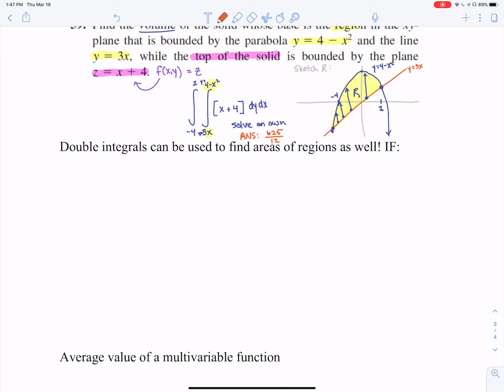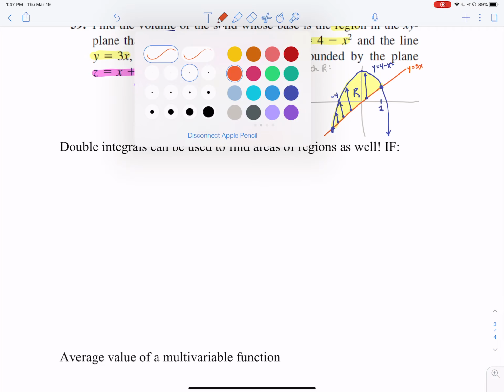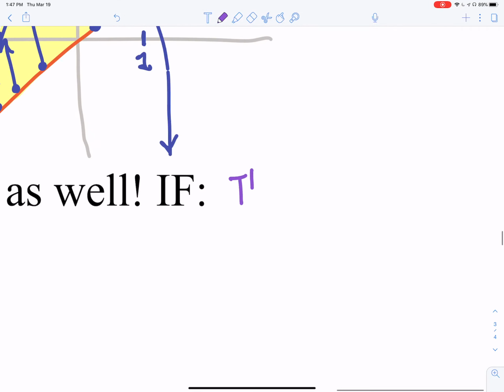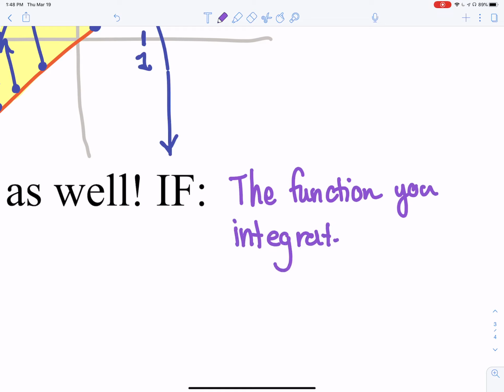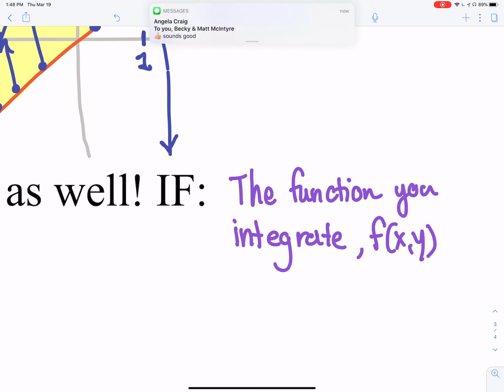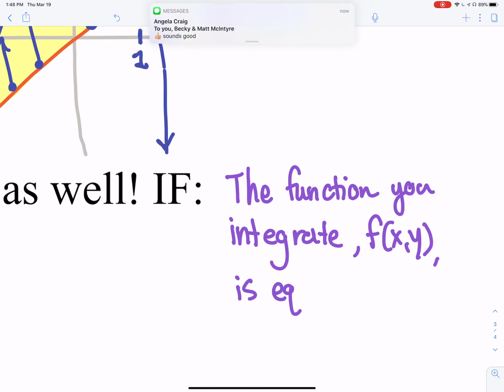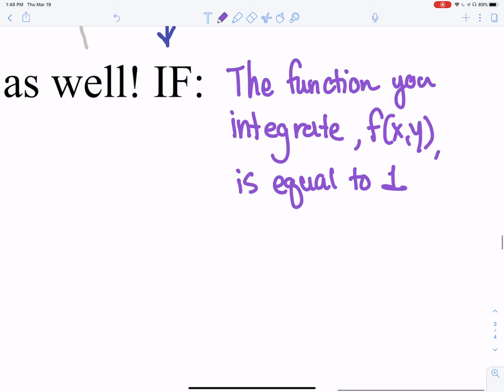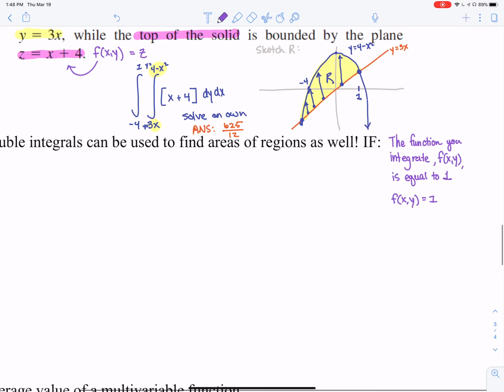So if you have an irregular shape or an irregular region of integration, you can set up a double integral that will find that area if, and this is the big if, the function you integrate, right, that's your f of xy, is equal to 1. So if f of xy just equals 1, then you know that that will give you the area of the region of integration.